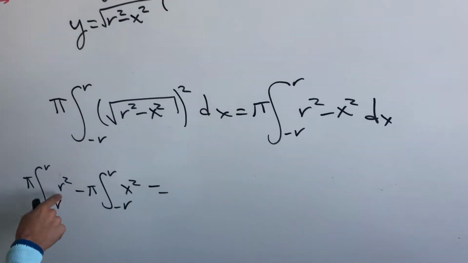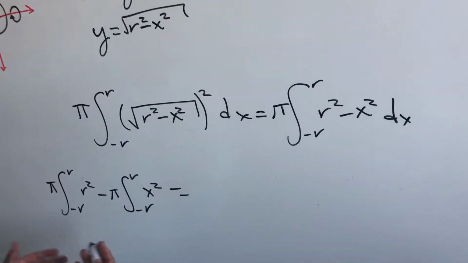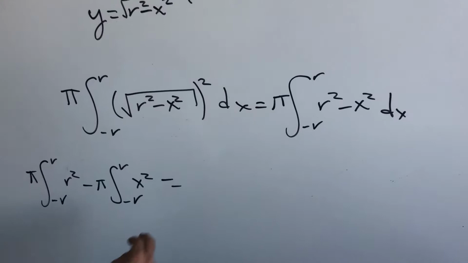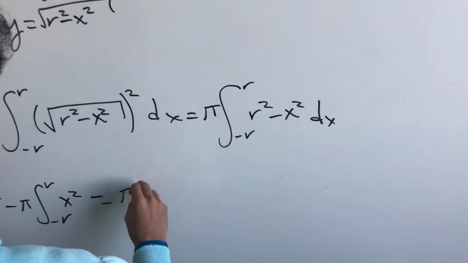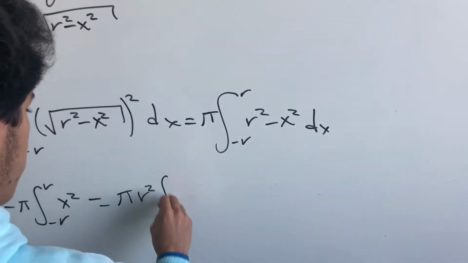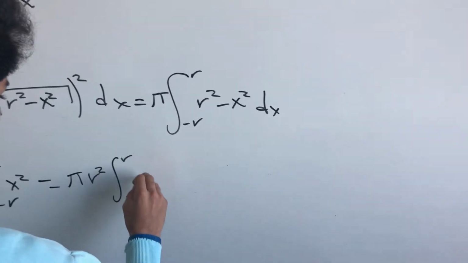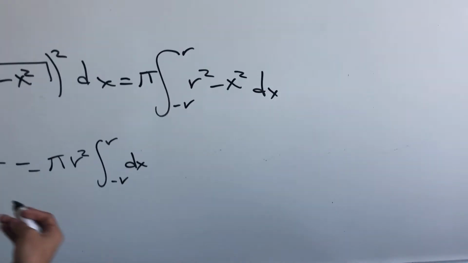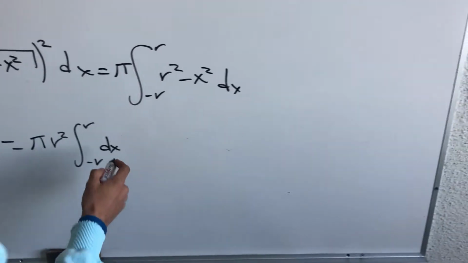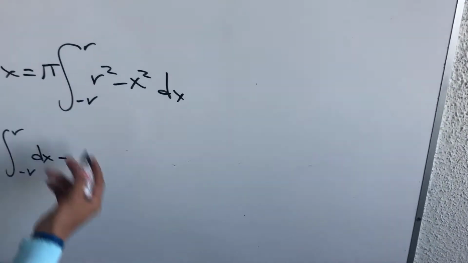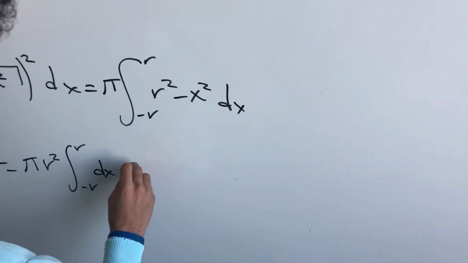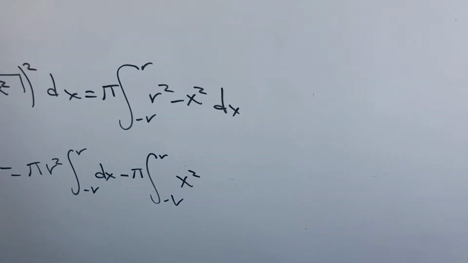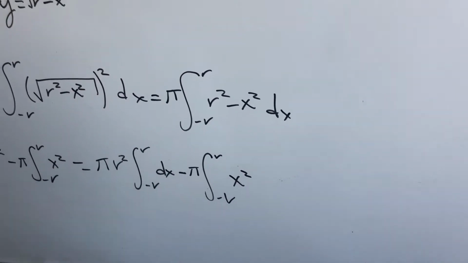So we know r is a number, so we can take it out, because it can be any number, so in terms of x, we don't need to keep it inside.